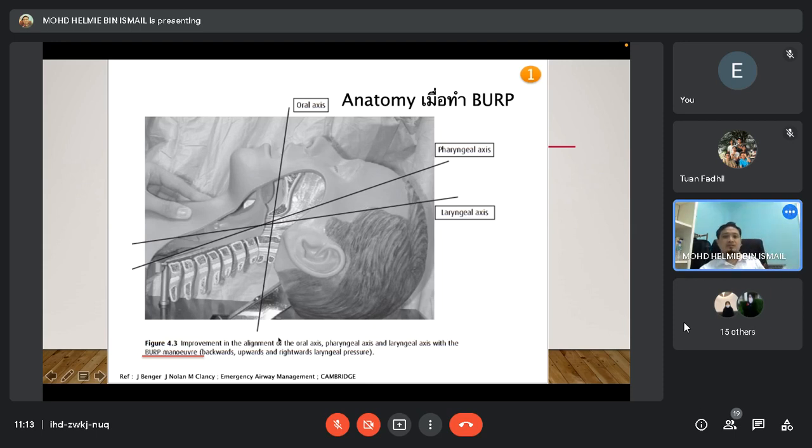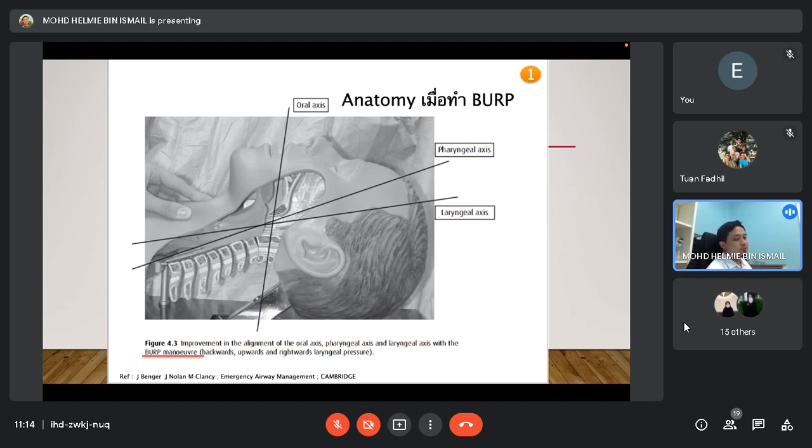So kalau the patient is in supine position, you try to push backward, then upward, you elevate the thyroid cartilage, and then you go to the right side a bit, right side of the patient, bukan right side of you, and then give pressure.